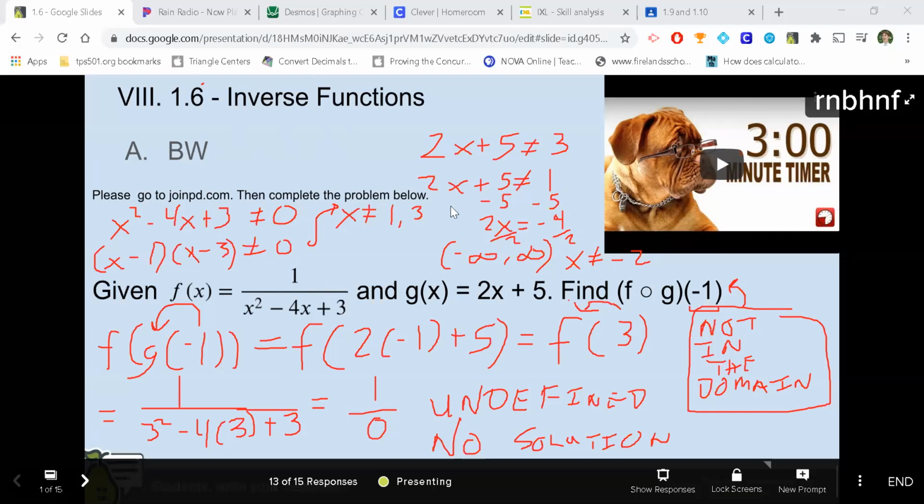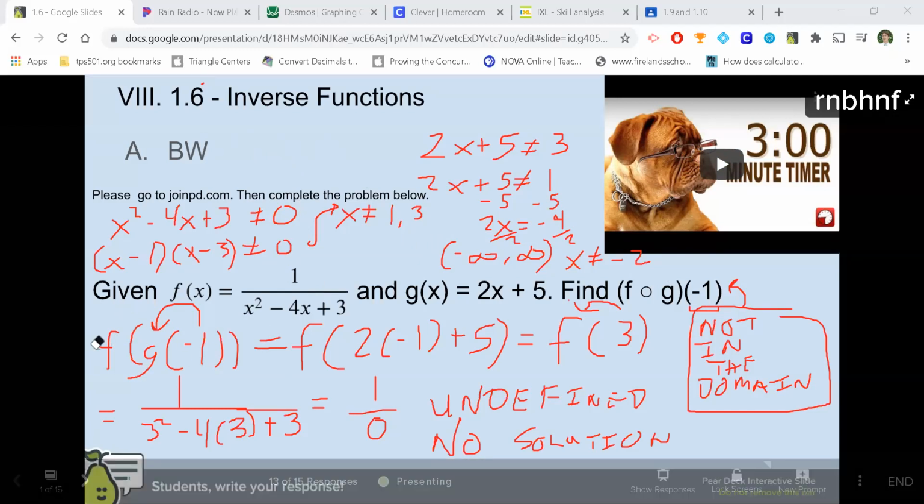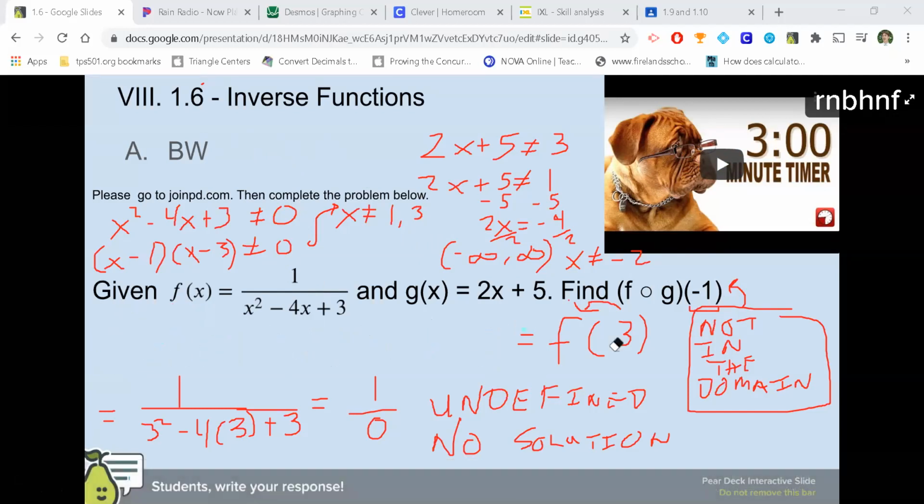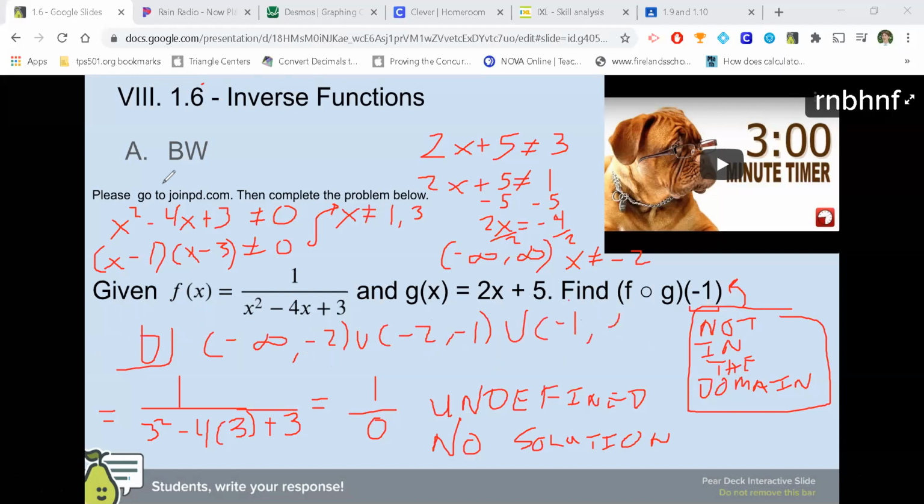Okay, anyhow. Long story short, there are 2 values right here that are not in the domain, -1 and -2. You probably don't need this review, but I would write that as the domain of this function is -infinity to -2, union, -2 to -1, union, -1 to infinity.